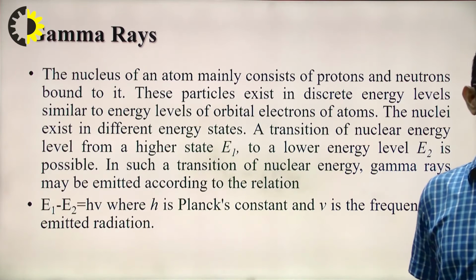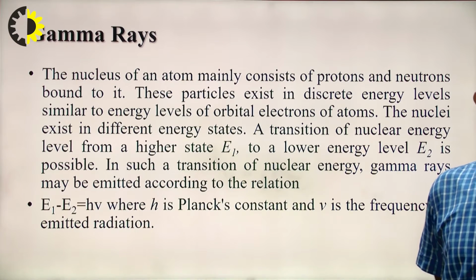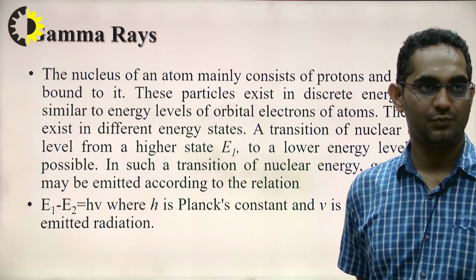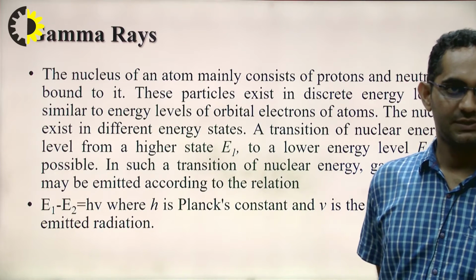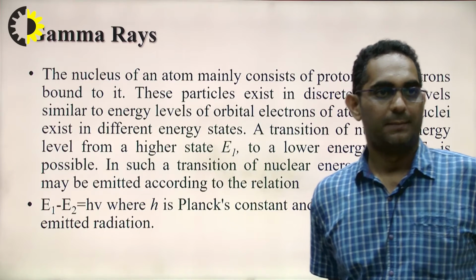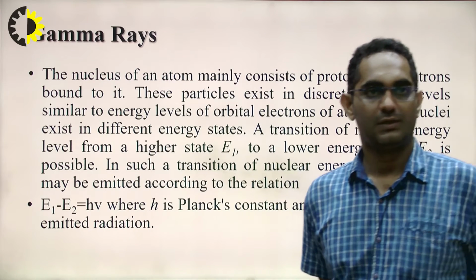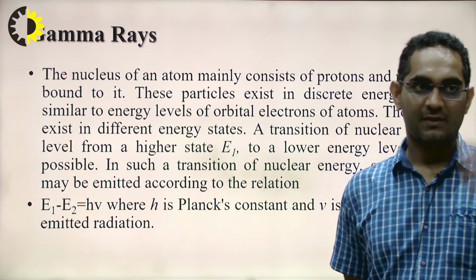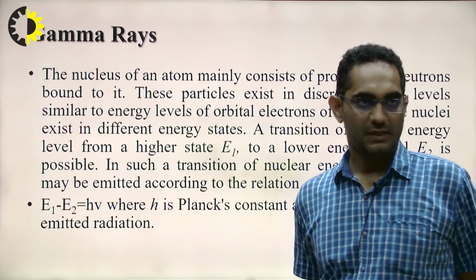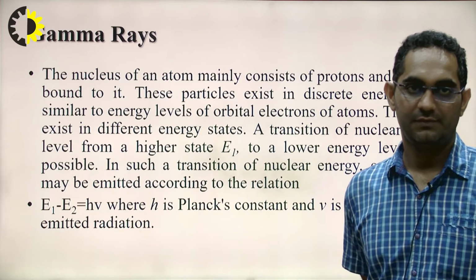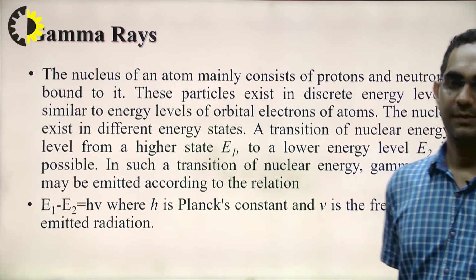Transition of nuclear energy level from a higher state E1 to a lower energy level E2 is possible. In such a transition, gamma rays may be emitted according to the relation E1 minus E2 is equal to h nu, where h is Planck's constant and nu is the frequency of the emitted radiation.